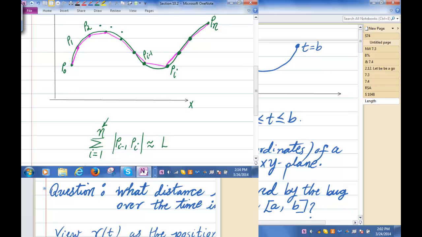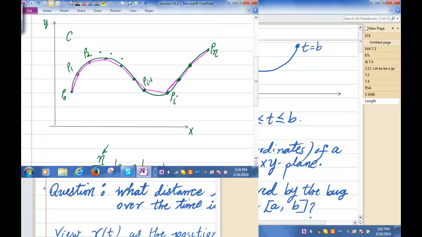So in order to compute this limit, let's say that the point P0 is traced at the time t is a. Let's say the point Pn is traced at the time t is b.